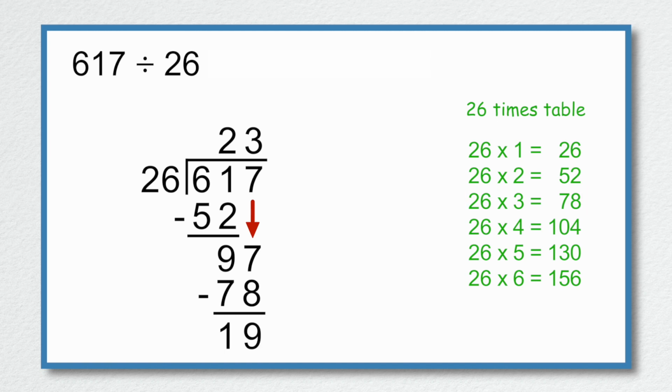So 617 divided by 26 is equal to 23, remainder 19. So those two remainder questions would produce decimal answers if you were typing it into a calculator. But we're not going to worry about producing decimal answers in this video.